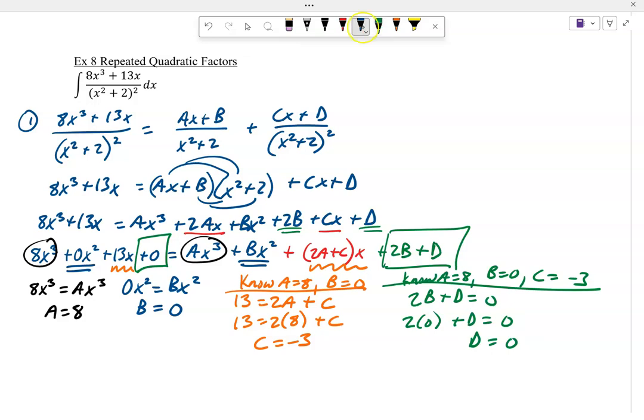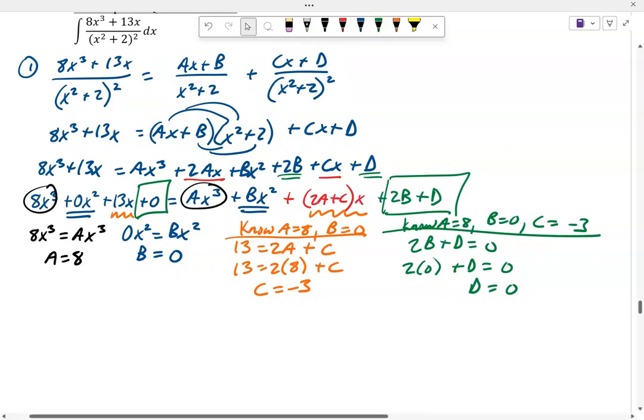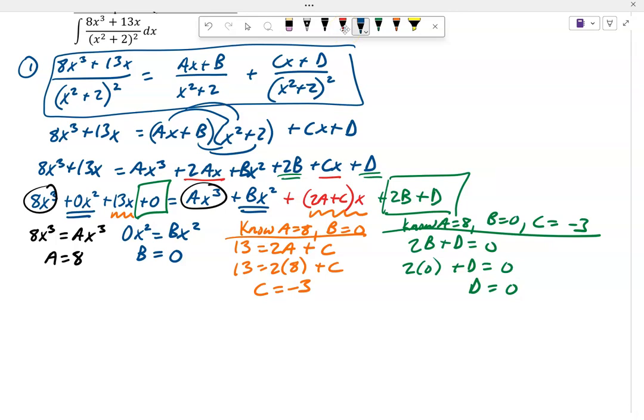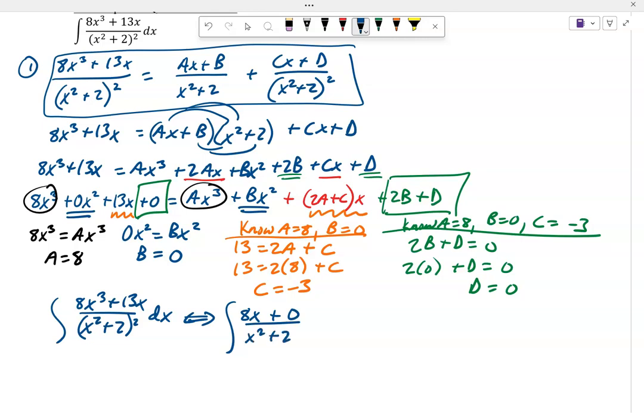And so now we can set it all up. I'm coming back to this right here. I can set this up now that I know a, b, c, and d. So the integral of (8x cubed plus 13x) over (x squared plus 2) squared dx is the same as, a is 8, (ax plus b) over (x squared plus 2) plus (cx plus d) over (x squared plus 2) squared.